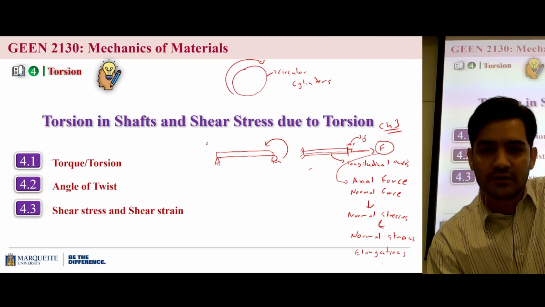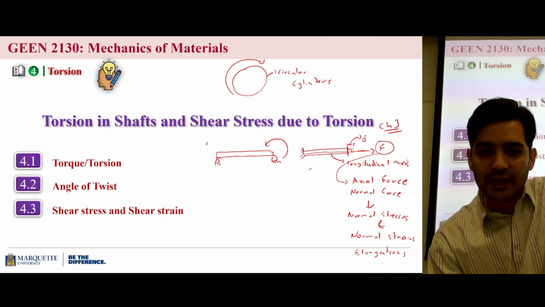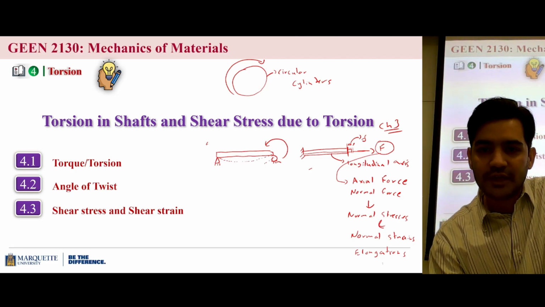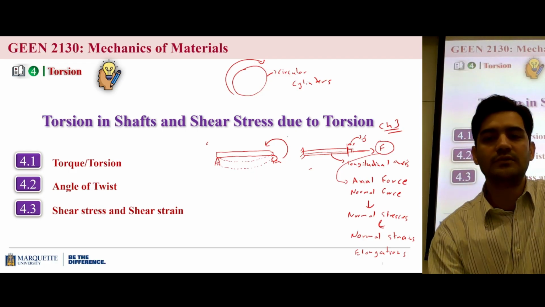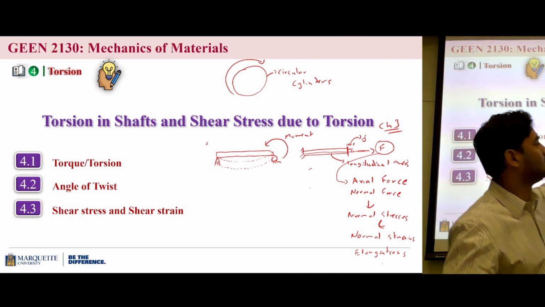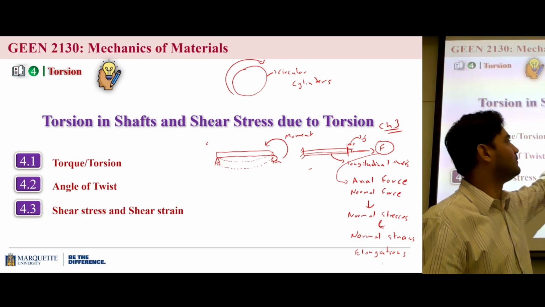So I can draw a change in shape. This is how the member will change shape under the influence of this bending moment. So when you apply a moment, this is how the member will deform.